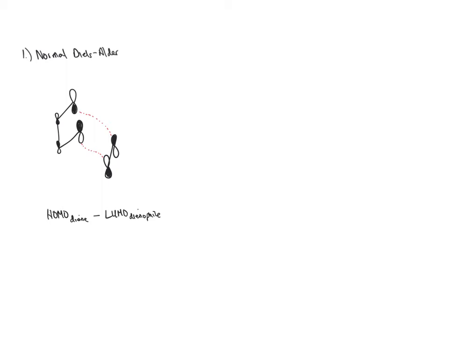And remember, we also said that in the case of the diene, its HOMO has bigger lobes on the end. And so what happens here is that the end carbons are going to be the ones that make the bonds. And so what you'll see here is that there is an in-phase interaction. This is symmetry allowed.